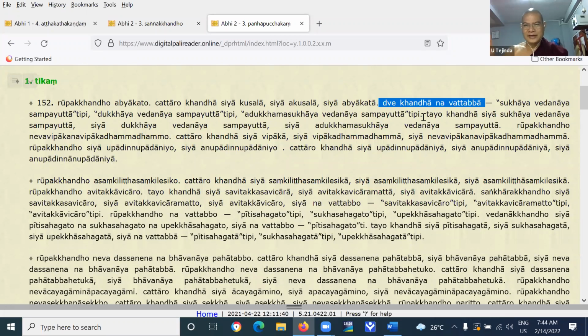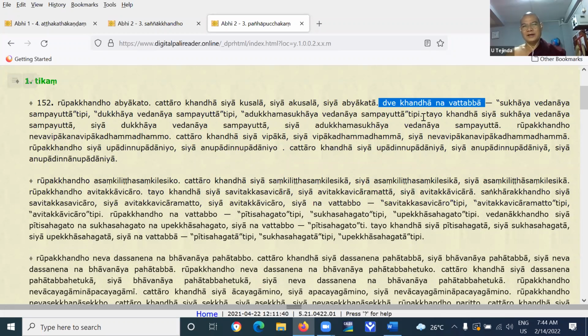So vedana is excluded in each category. That vedana refers to sukha vedana, dukkha vedana, adukkhamasukha vedana, all the vedana, because vedana does not arise together with itself. You do not associate with yourself because you are alone. Vedana cannot be with vedana because one vedana cannot be with itself.